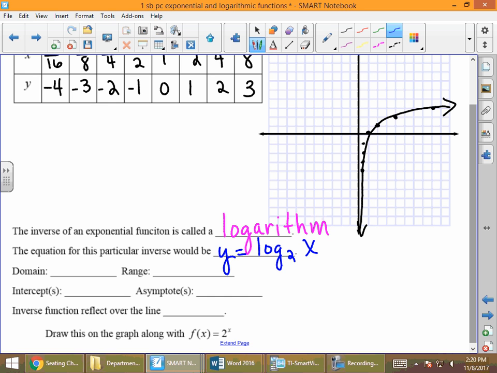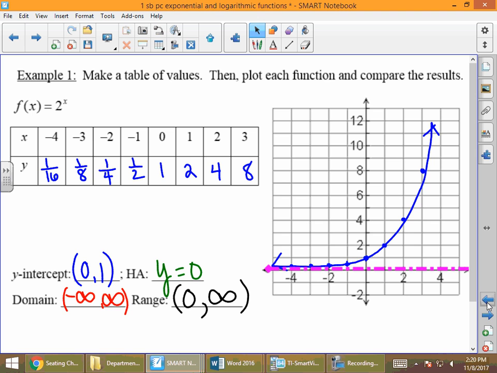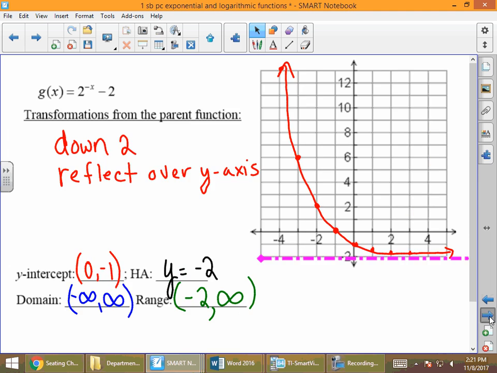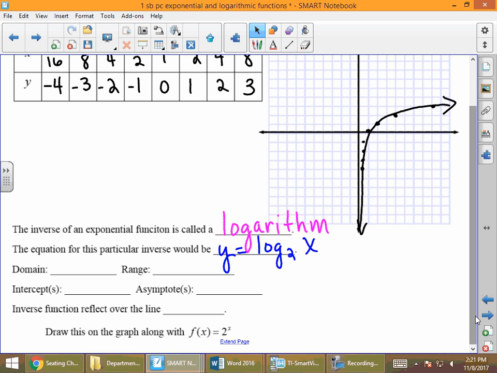And if you think back to our whole unit that centered a lot around inverses, when we're talking about inverses, what happens is not only do we switch the x and y values, but the domain and the range switch. So if we go back to this first problem here, and we look at our domain of -infinity to infinity, that's going to be the range of our graph that we just graphed. It's going to be -infinity to infinity.